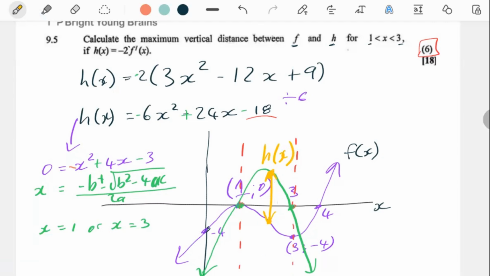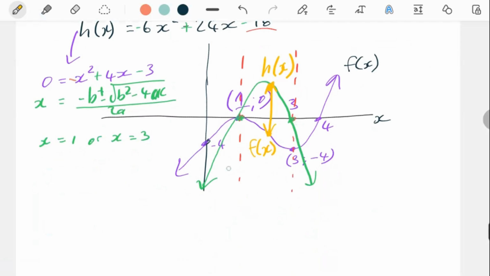The equation of f has a lower y value between 1 and 3. So you need to create a distance formula in terms of x: the equation of h minus the equation of f.